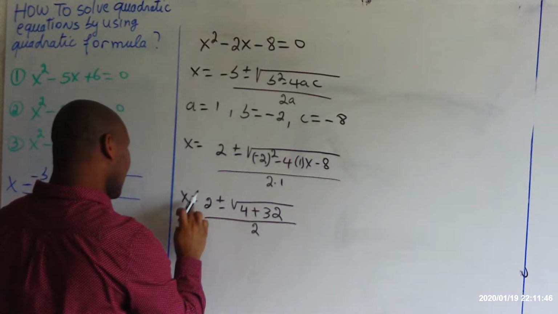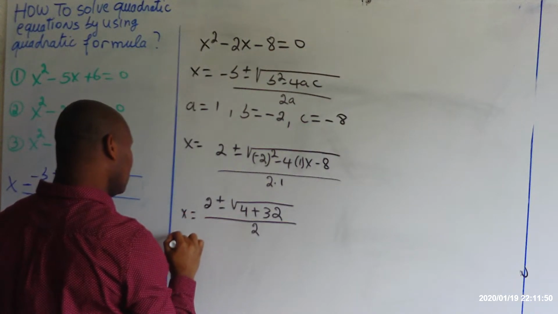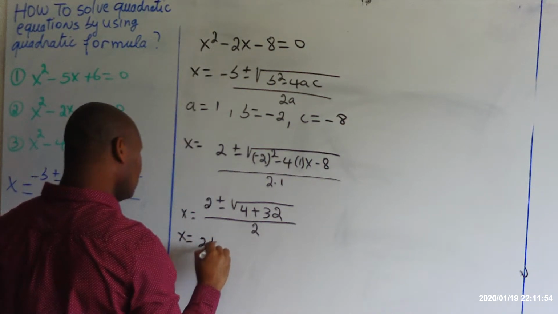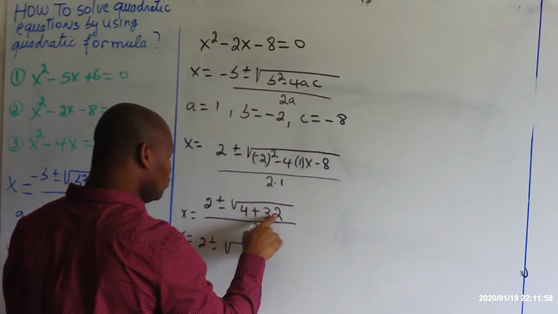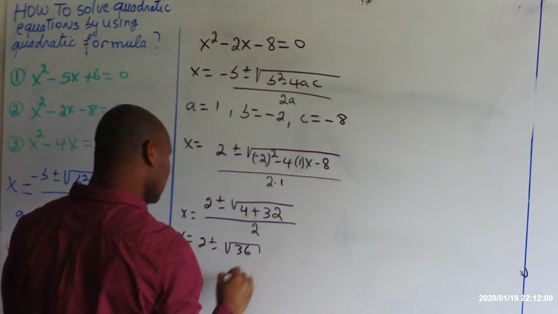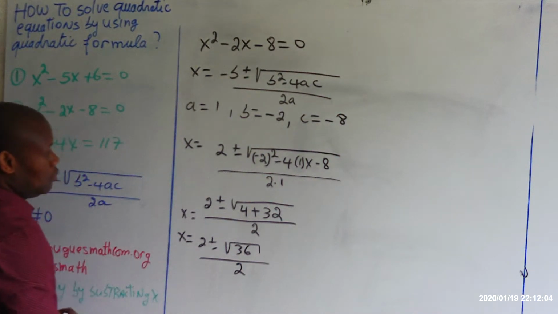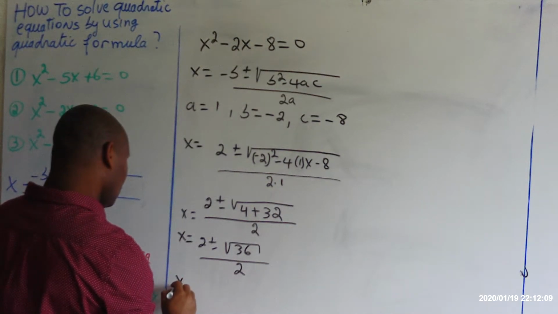So we have 2 plus or minus 4 plus 32, that's 36, over 2. Okay? That's very important.